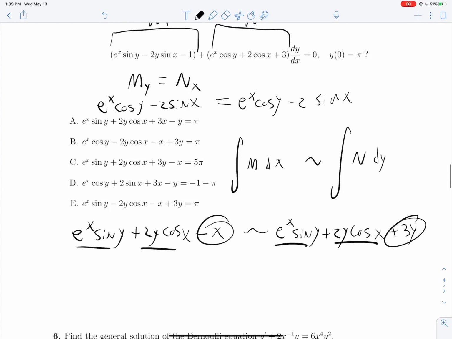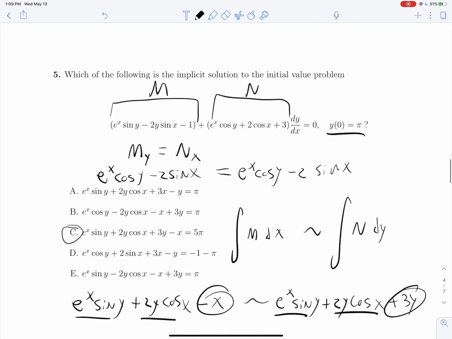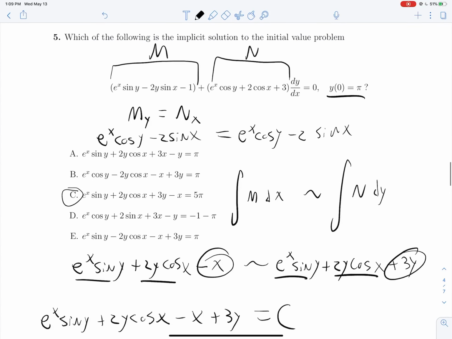So we can say that e^x sin y plus 2y cos x minus x plus 3y is equal to some constant. And since we're given an initial condition, we can solve for that constant. But just looking at our answer choices, our answer is going to be C. And the answer key agrees.